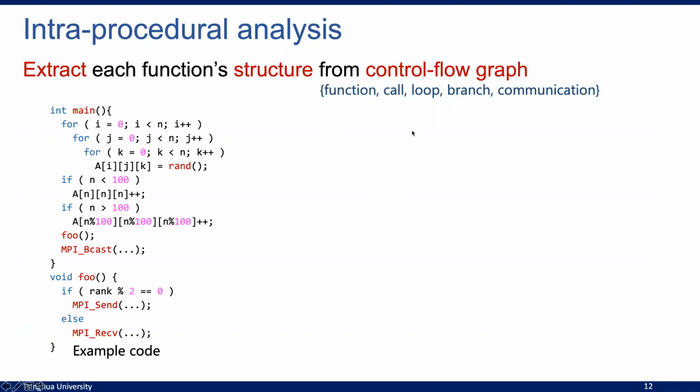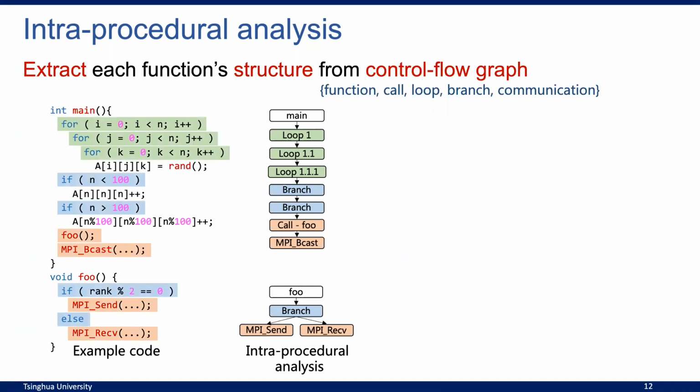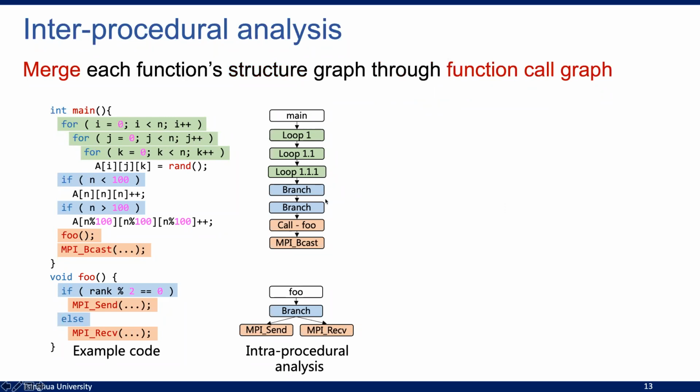This is an example. We extract control structure and build structure graphs for function main and function foo. Each vertex has its corresponding control structure in the example code. Then, in interprocedural analysis, we merge these structure graphs by the function call graph.